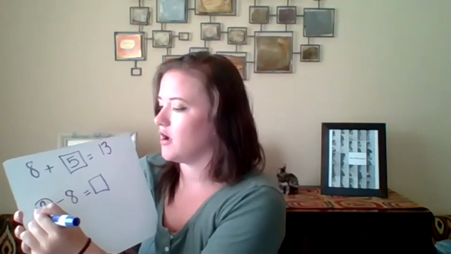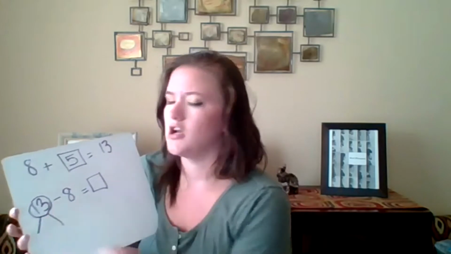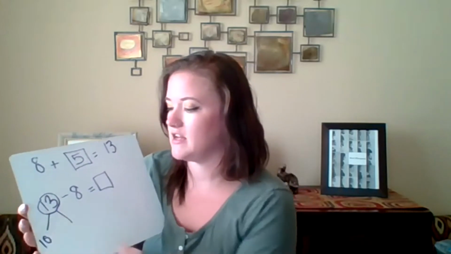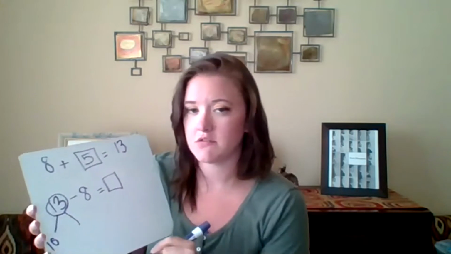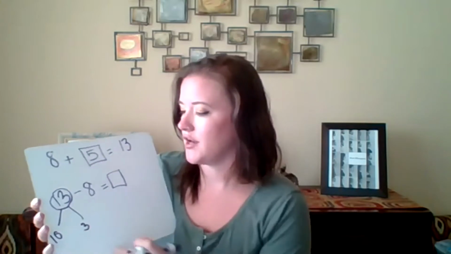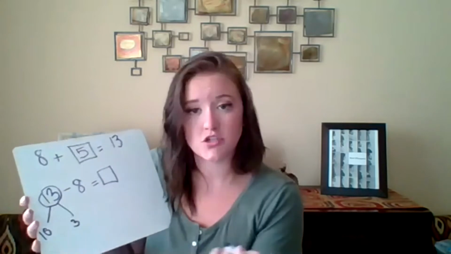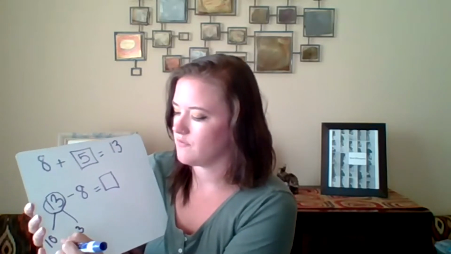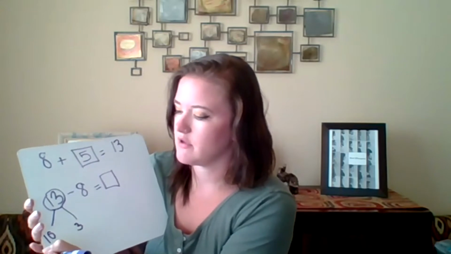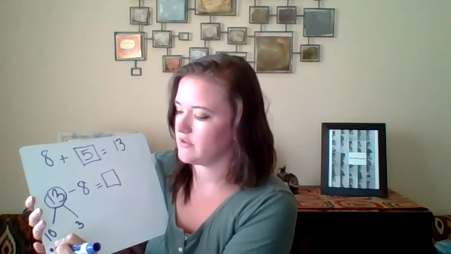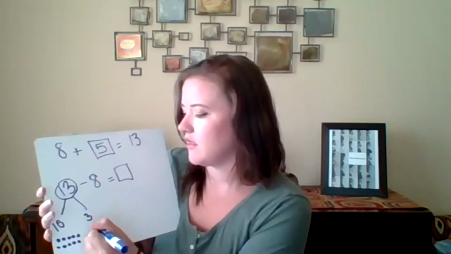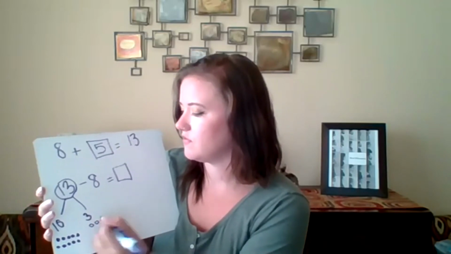So now I'm going to draw a number bond, and because of our sweet 10 plus math facts, you know that there's 10 here. 10 plus what equals 13? You got it. 3. Now I'm just going to draw my picture. 1, 2, 3, 4, 5, 6, 7, 8, 9, 10. And then 1, 2, 3.